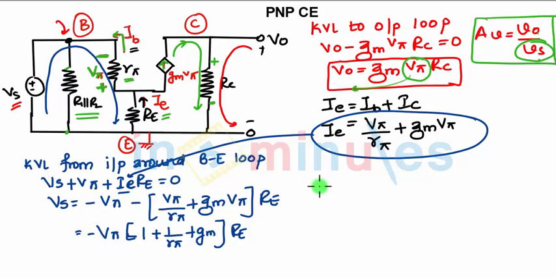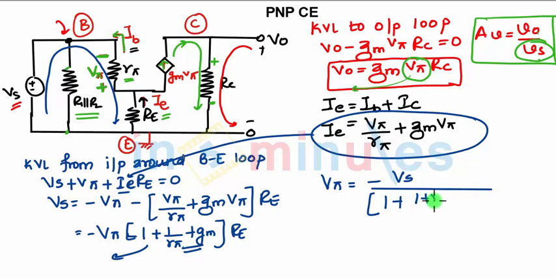Now what will be my V pi? I can write V pi as minus Vs upon the entire thing. This entire thing will go on the other side. So if I am cross multiplying, I will have 1 plus R pi into gm, whole divided by R pi, multiplied by RE.